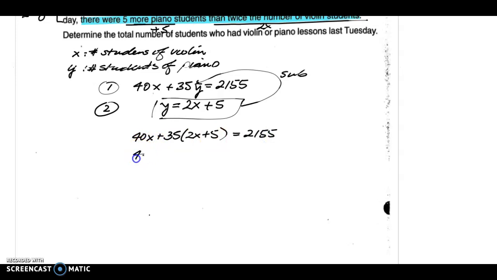This is going to be 40x plus, this is going to be 70x plus 175.